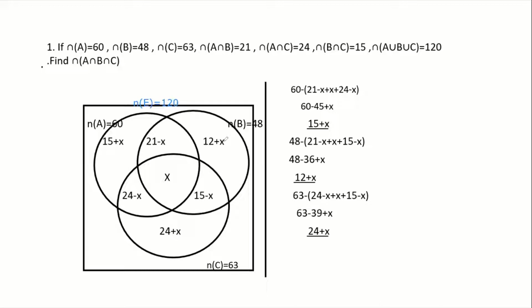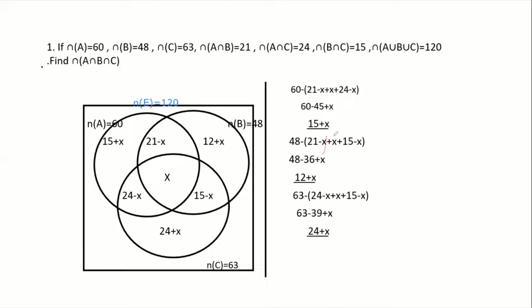So we can go ahead and work out for B only. That is 48 minus into 21 minus X, and 15 minus X. But we still have a plus X minus X. So that is like a plus 1 minus 1, which gives us a 0.